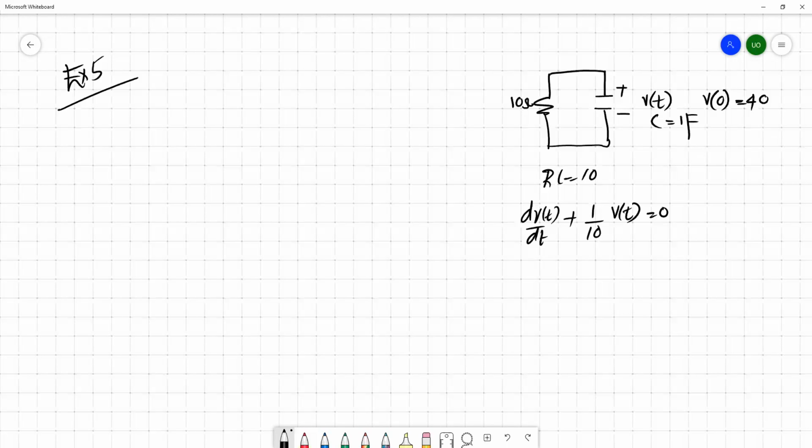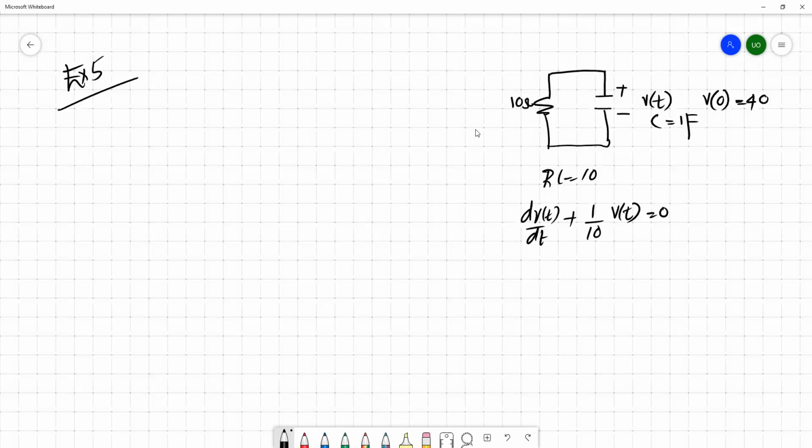If it is an RC circuit containing a single equivalent resistor and a capacitor, this works fine. If you have a different circuit, this is not the differential equation that explains it. For those scenarios, you have to apply Kirchhoff's current law and voltage law and derive the differential equation from scratch. Keep that in mind.